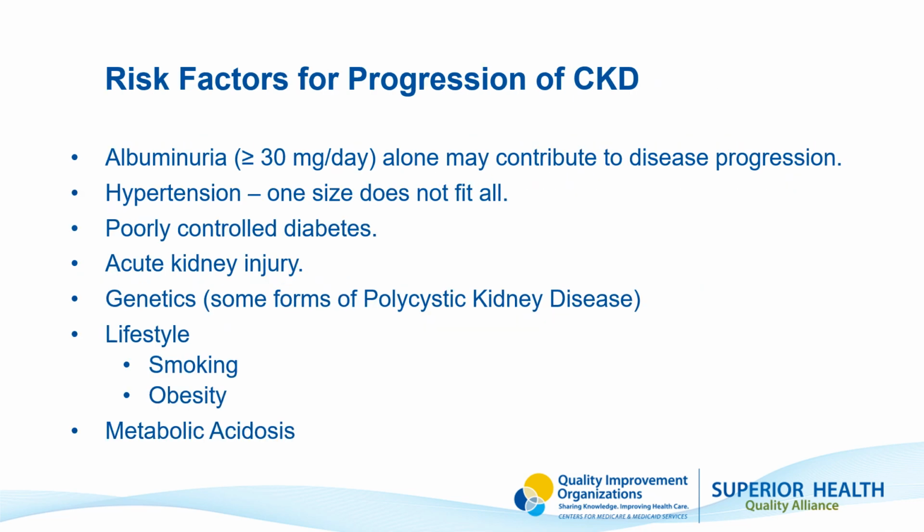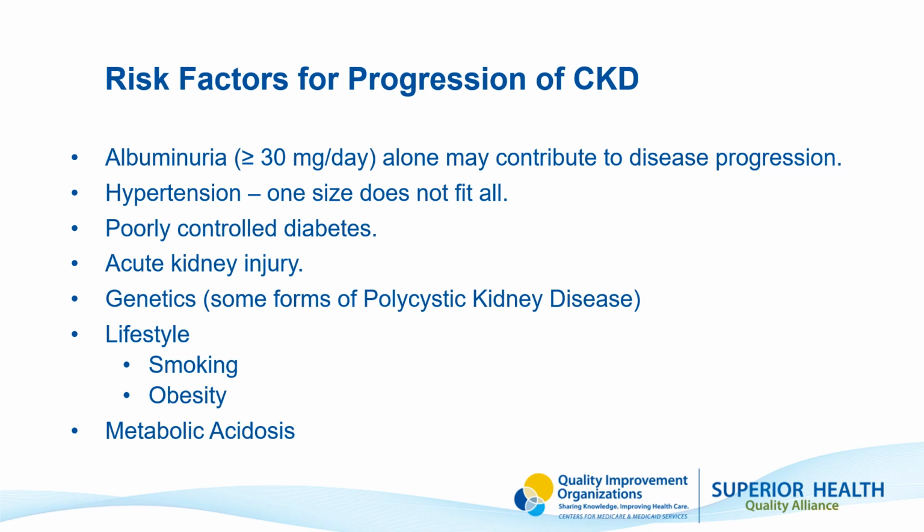Here are some risk factors that speak to progression of CKD. Albuminuria, in other words, levels greater than or equal to 30 milligrams per day. That alone may contribute to disease progression. Hypertension. One size does not fit all.